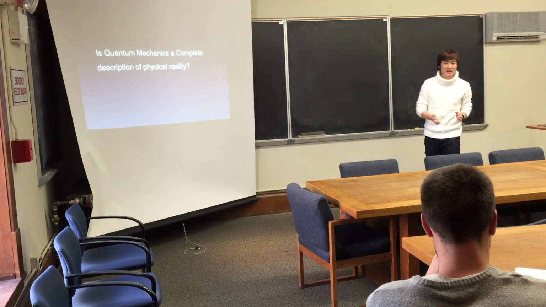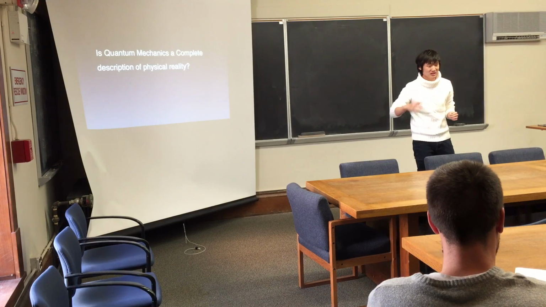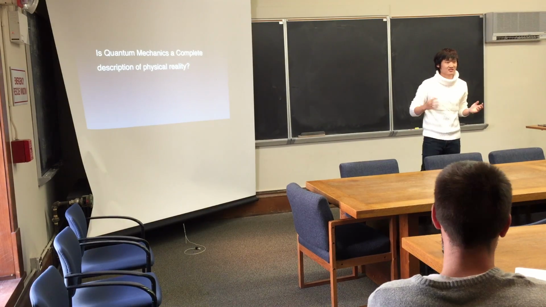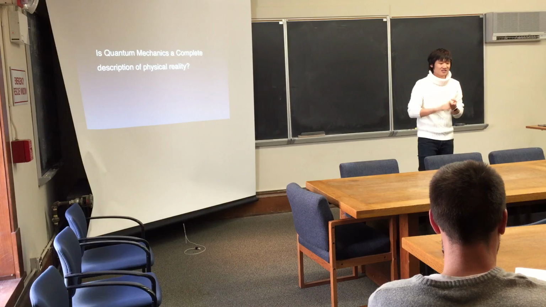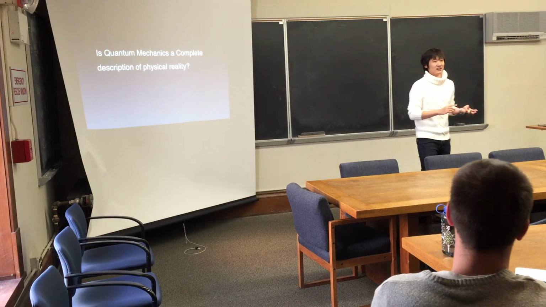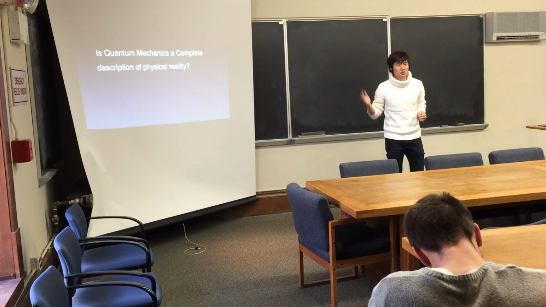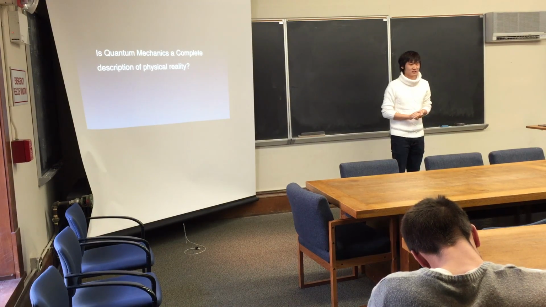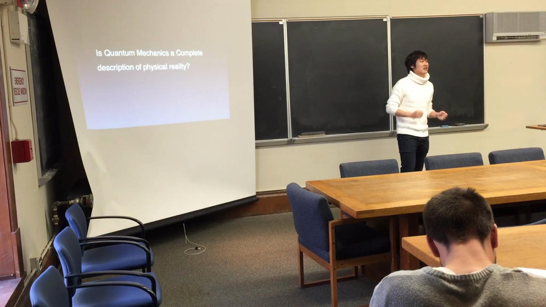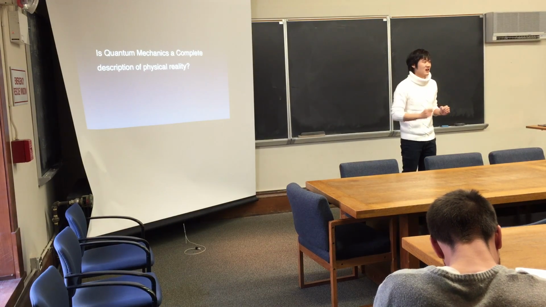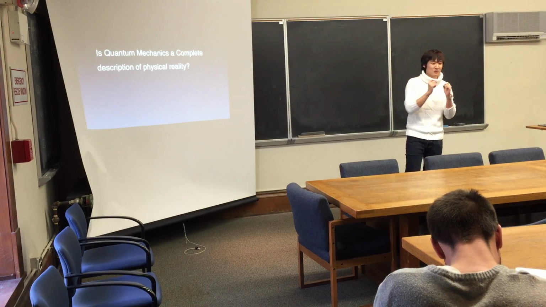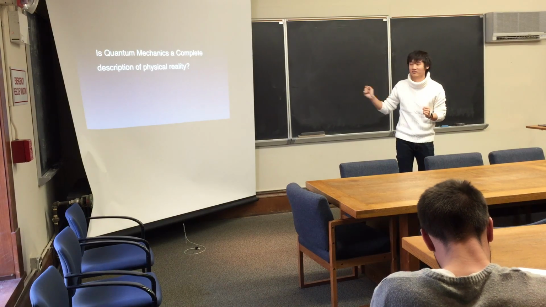Because quantum mechanics is in almost every sub-discipline of modern physics, condensed matter, high energy, and almost anything non-classical is quantum, it's really a question we should ask ourselves. Hopefully after this talk we can have a little more insight into this question.